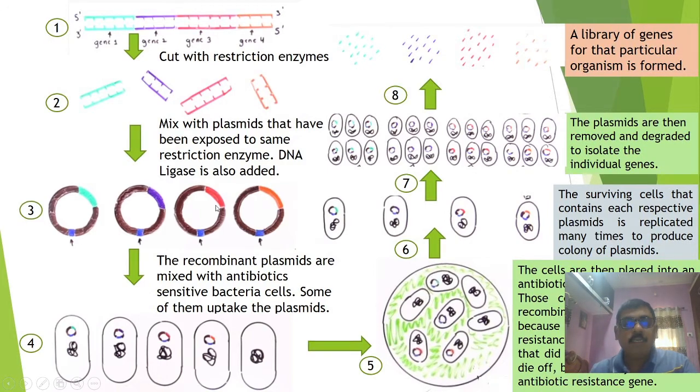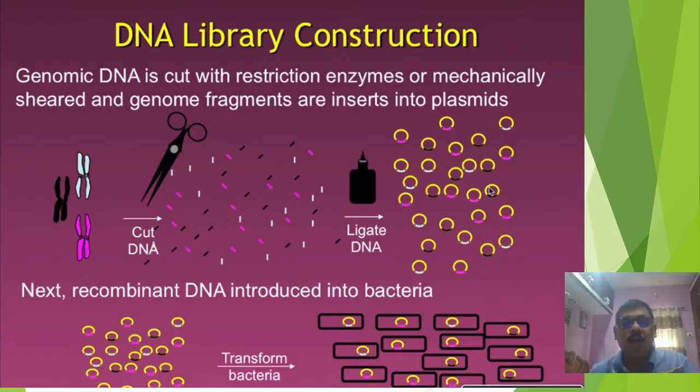So if you observe how the DNA library is constructed, the genomic DNA is cut with a restriction enzyme that we have already discussed, or mechanically sheared, and genome fragments are inserted into the plasmid. See, we have cut this entire DNA into small fragments, and these short fragments of DNA are now ligated with the DNA ligase into the plasmid DNA.